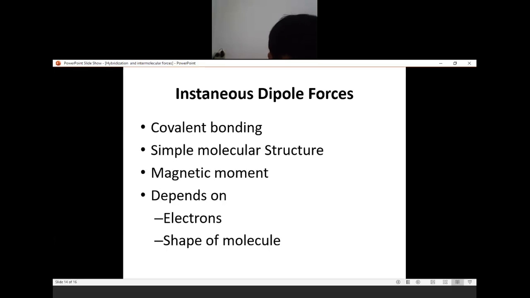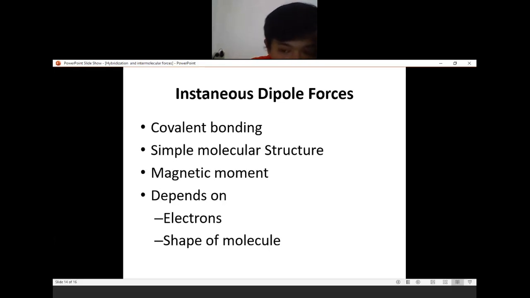So examples of instantaneous dipole forces are the iodine molecule, chlorine molecule, and also fluorine molecule. Of course, there are still others, so I only mentioned three of them. Why is it the iodine molecule? Because iodine with iodine have the same electronegativity, so they cancel each other. Finally, they don't have any electronegativity difference.